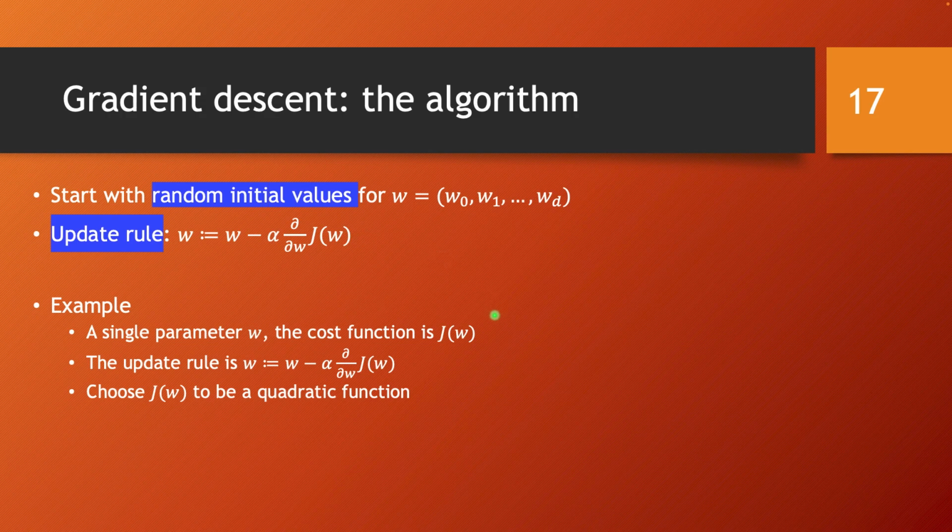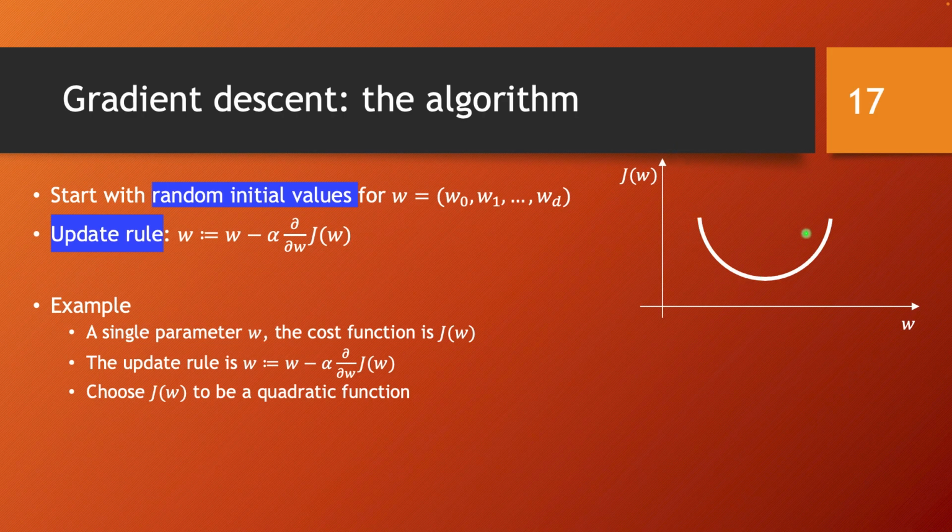In my example here, I'm going to take the case where I have one single numerical parameter w, and the cost function is going to be a quadratic function, just so that you can see it easily visually, and we have a sense of where the minimum is, and where these updates are going to take us. This cost function is the quadratic function in this case, and I'm using exactly the update rule that's used generally in the gradient descent algorithm. So here is my example.